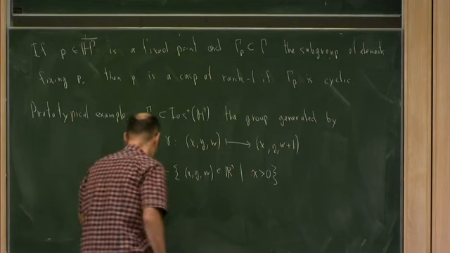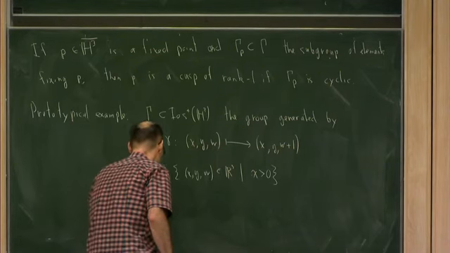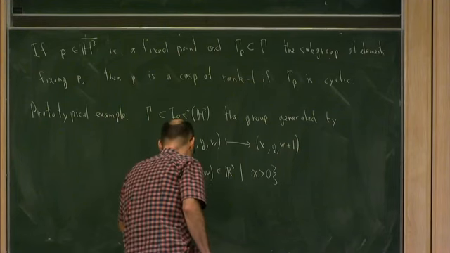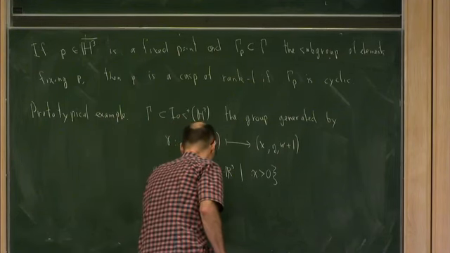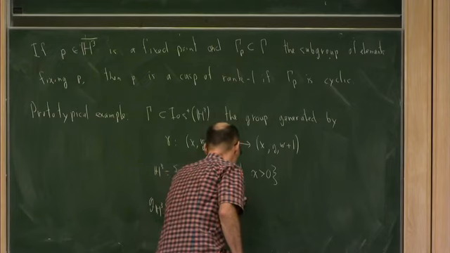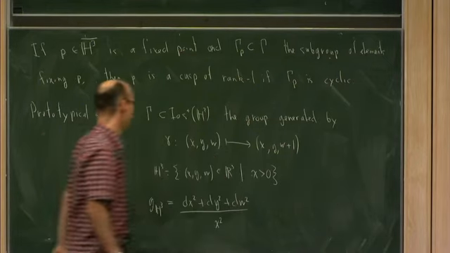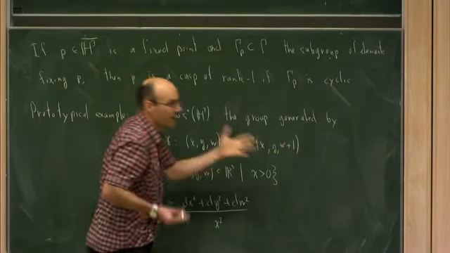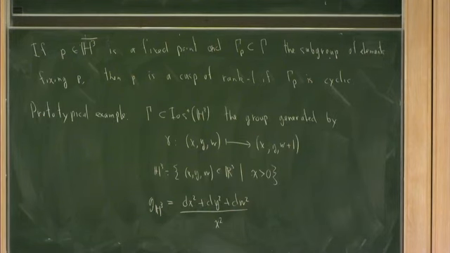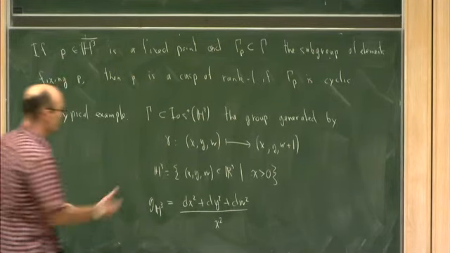The hyperbolic metric can be written explicitly in these coordinates as dx squared plus dy squared plus dw squared divided by x squared. So x equal to 0 is at infinity, and we're just taking a quotient.